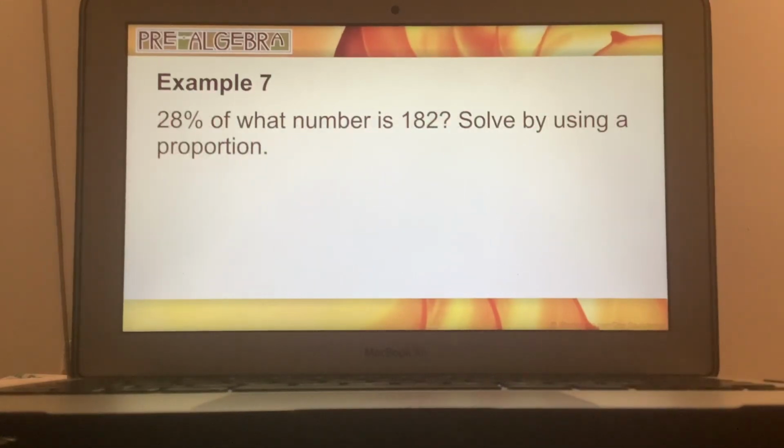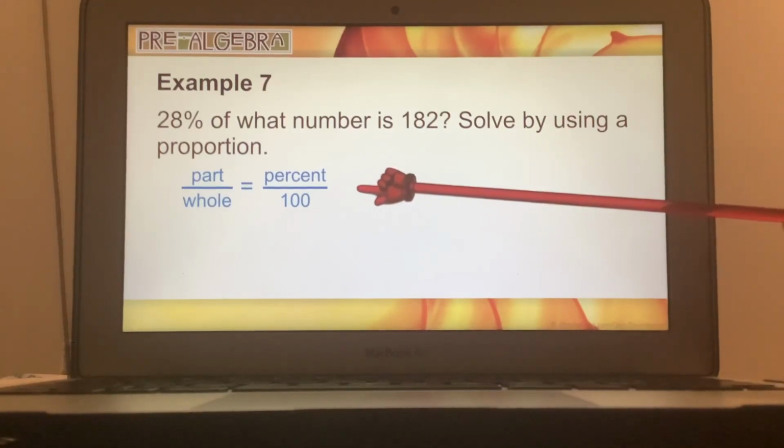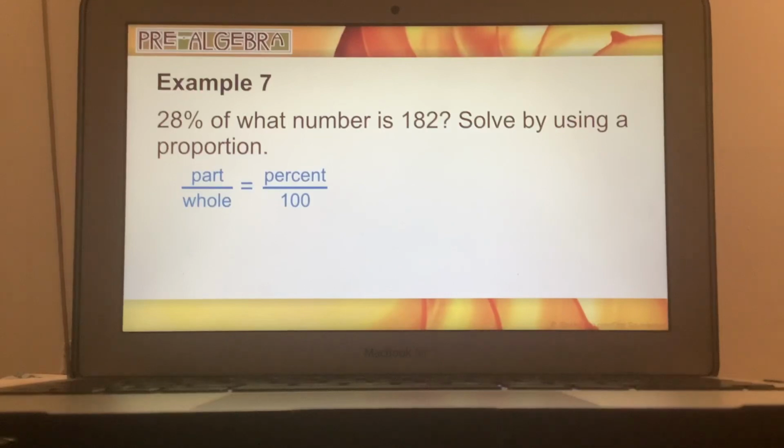For example 7, it now says 28% of what number is 182? Solve by using a proportion. So we're going to go back to our proportion formula. I would suggest you write down this proportion formula as well. Once you have this proportion formula or the percent formula down, these equations will be easy to solve.